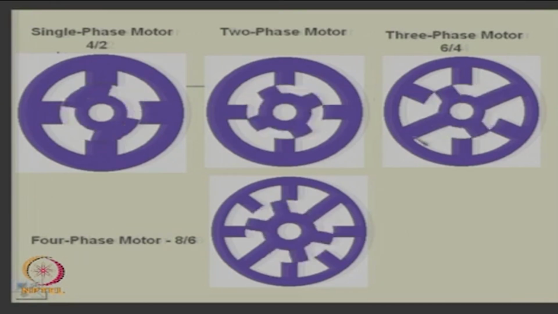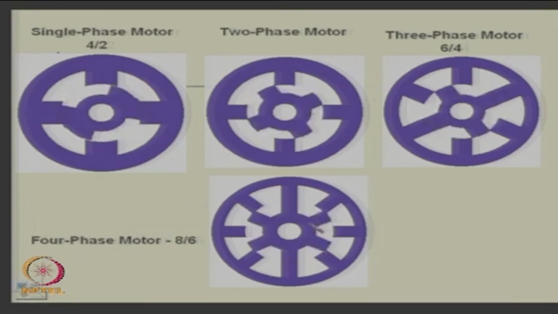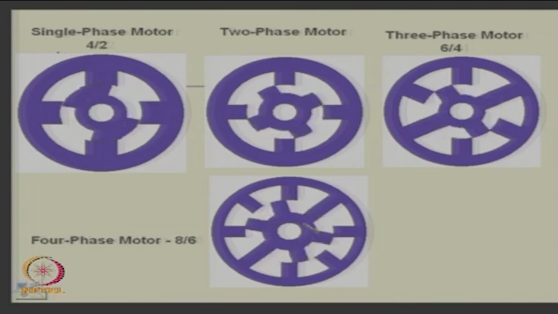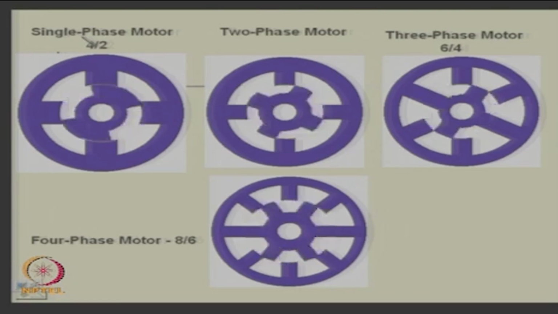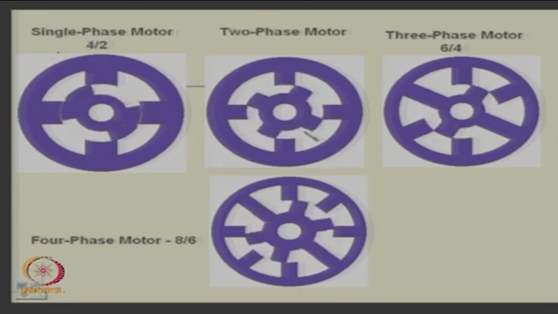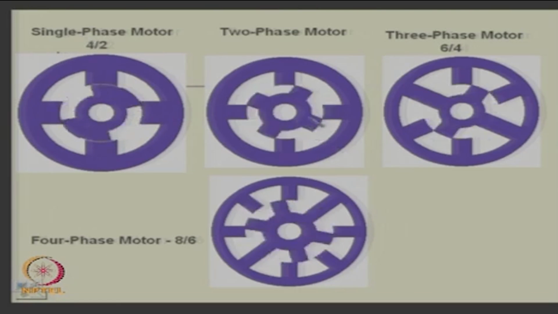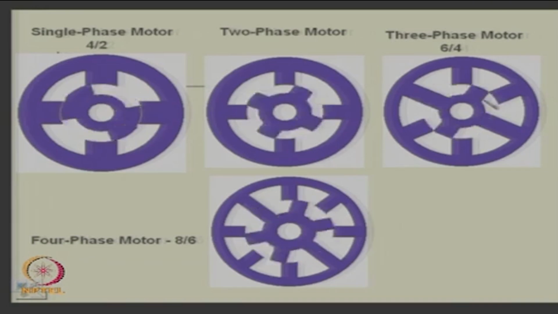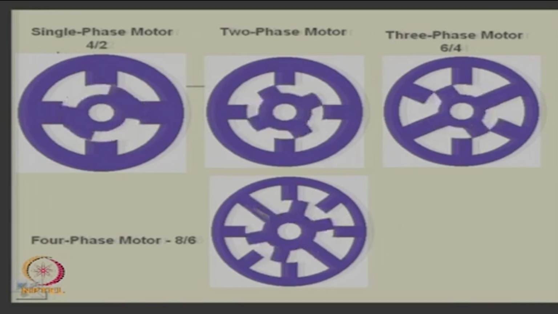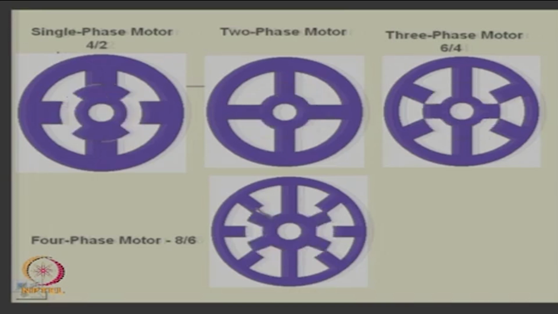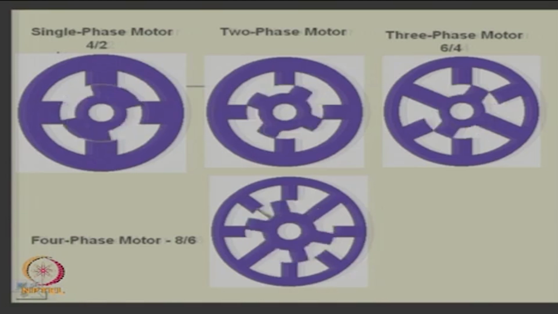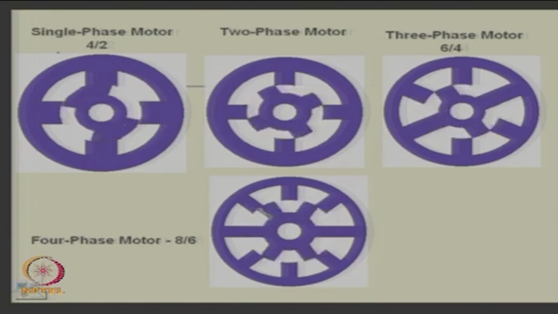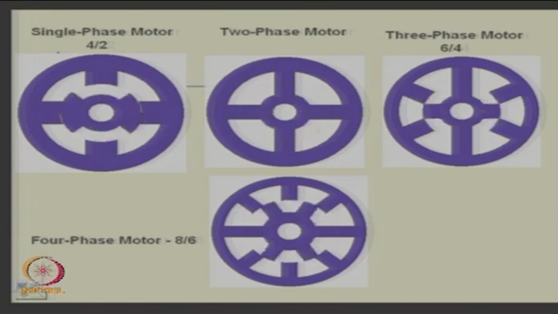Then this is the one we have shown, 4 phase motor. This is a single phase motor. Then 2 phase motor. 2 phase is okay, but the rotor, that's the thing we have to see. This is a 3 phase motor and 4 phase motor. The first one is 2 phase.